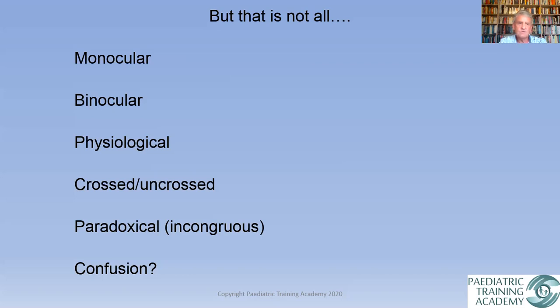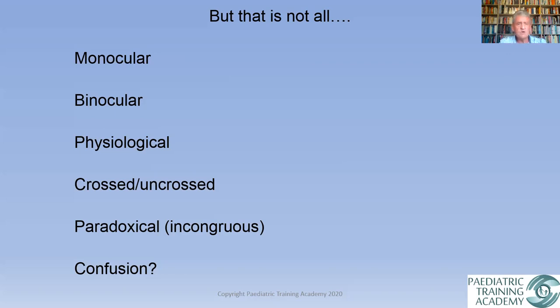That's easy enough to show for yourselves if you do not remember from second or third or fourth year or your experience in practice. All you have to do is stick up two fingers, look at the back finger, and the front finger is double, and swap your fixation around and the other finger is double. That is physiological diplopia, something that every single patient with two reasonably well-functioning eyes is going to experience. However, most patients are totally unaware of the fact that they have this blurriness and the double vision.